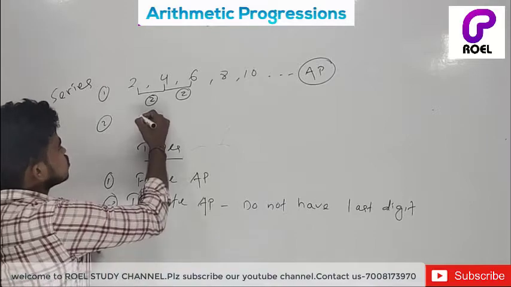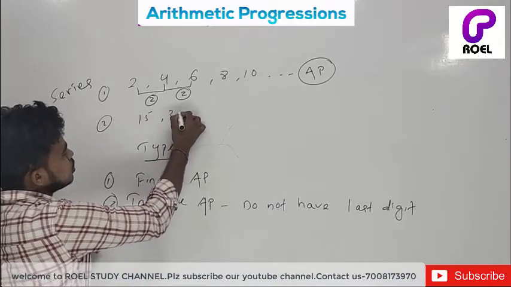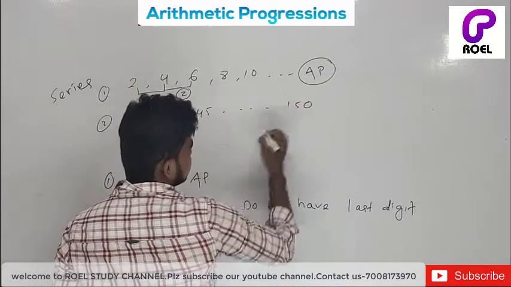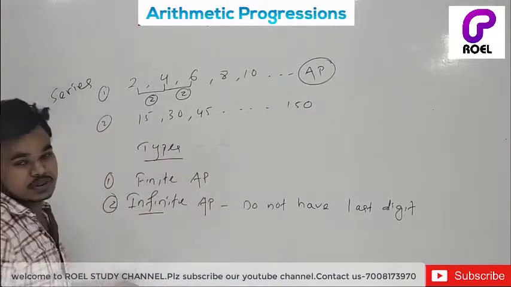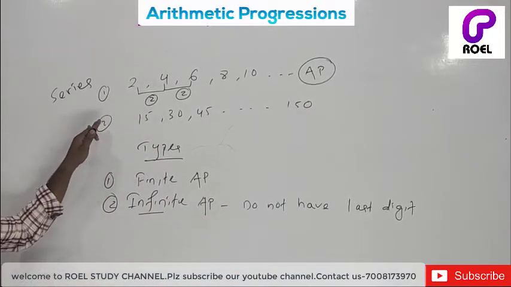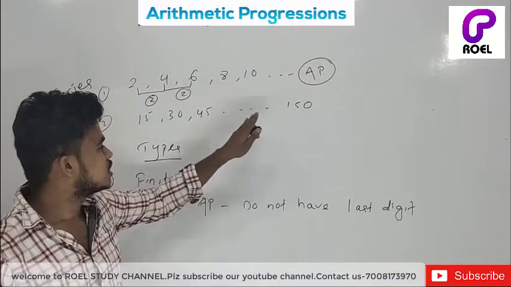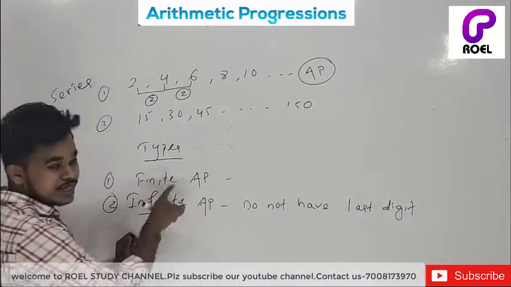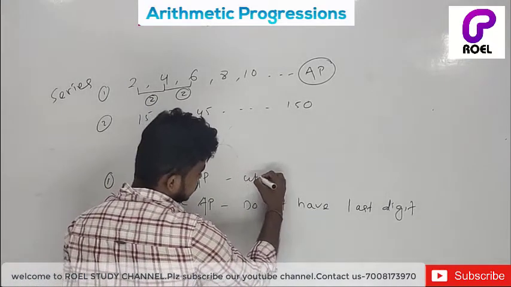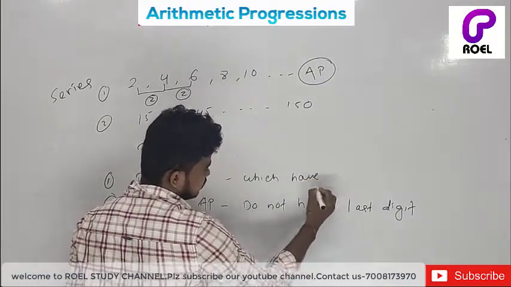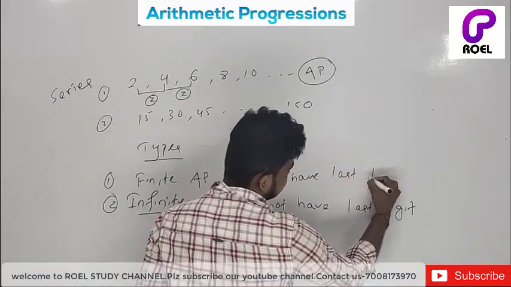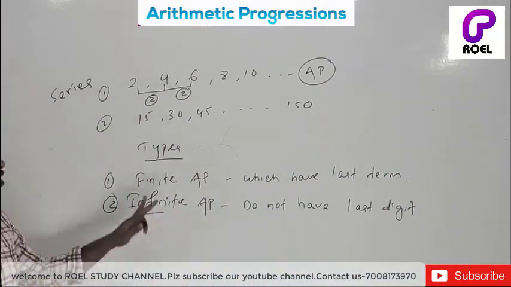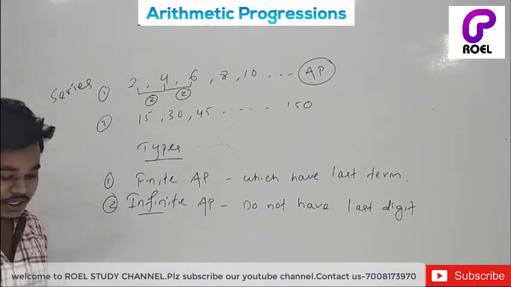Okay, suppose we say here 15, 30, 45, likewise up to 150. Here we have the last term of the series. In series number 2 we have a last term. This type of AP is known as finite AP, that means an AP which has a last term is known as finite AP, and otherwise infinite AP.